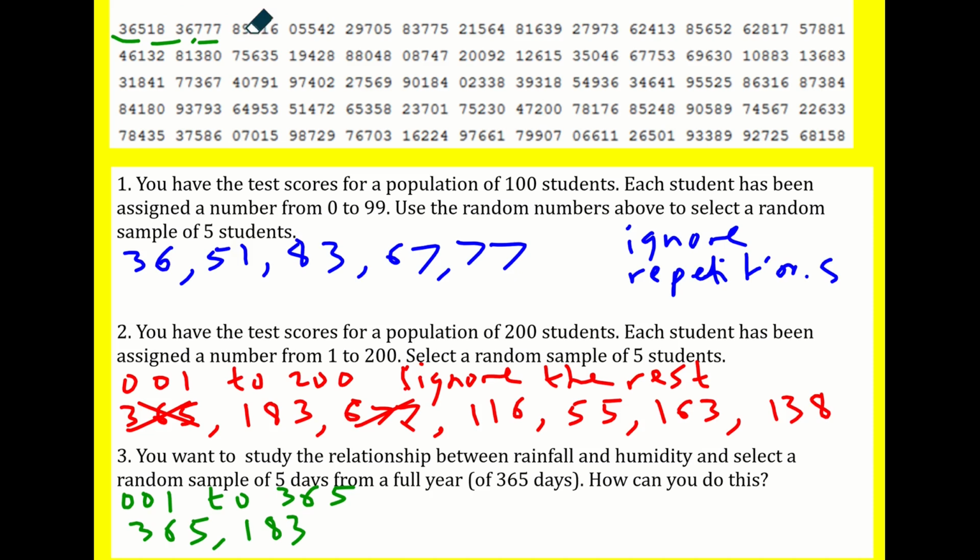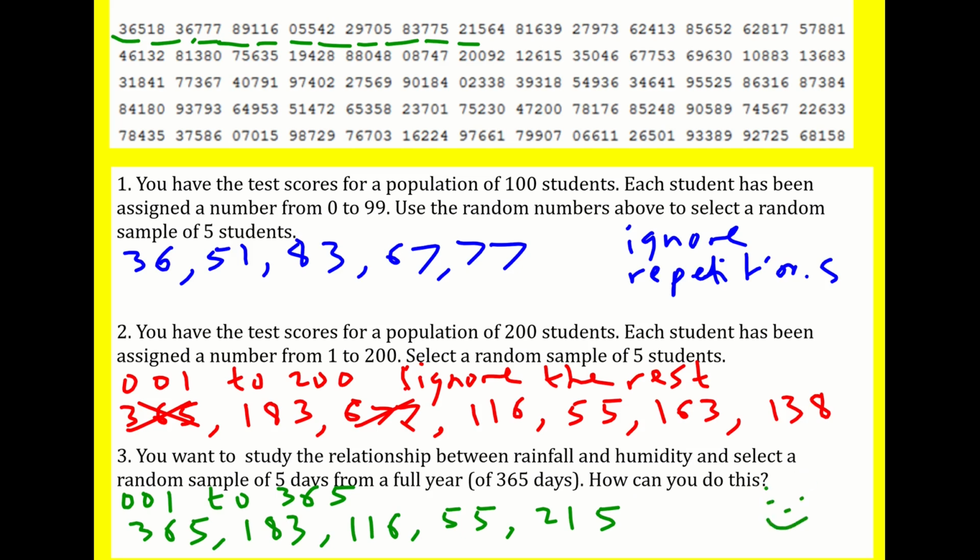We would ignore 677 and 789. So we take 116. We take 55, the 55th day. And then the 215th day. So there we go. That is an example of how you can use a table of random numbers to generate a random sample.